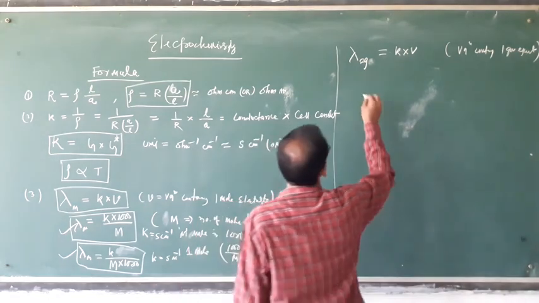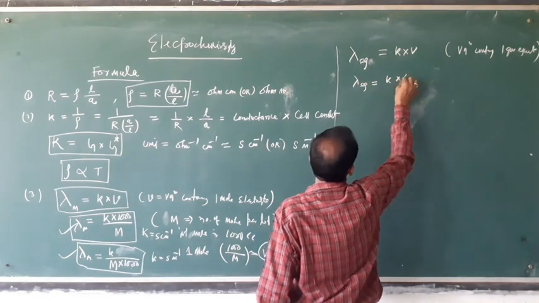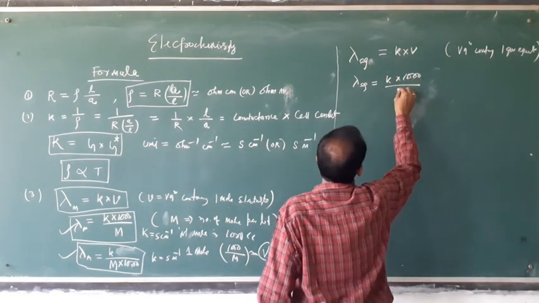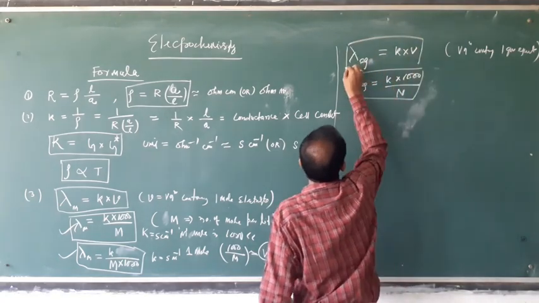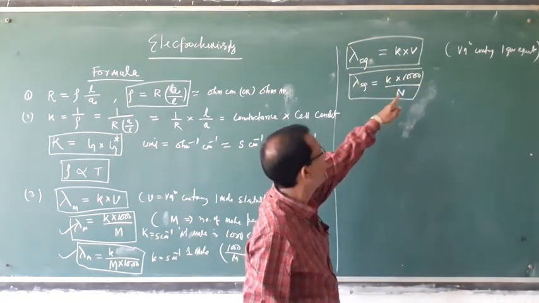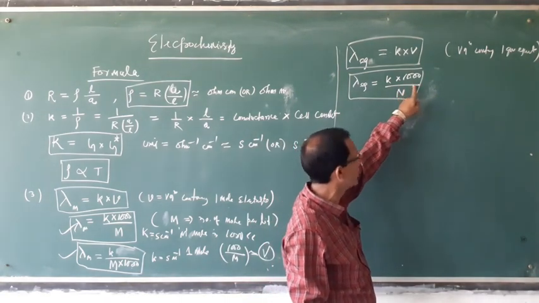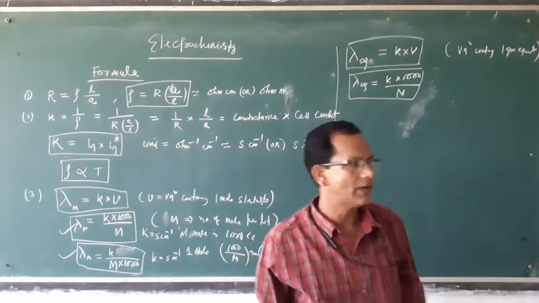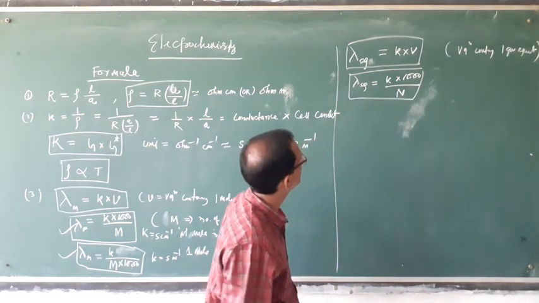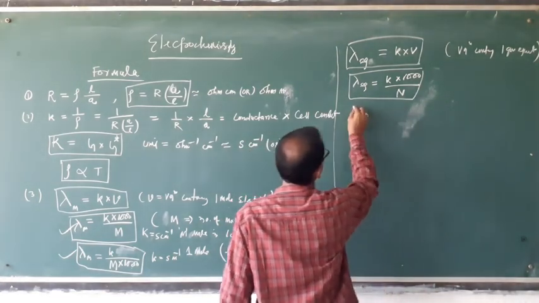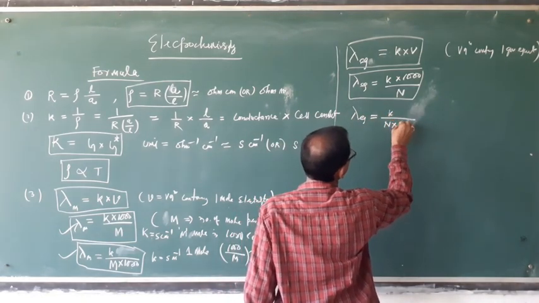So the same equation can be written as lambda equivalent is equal to kappa into 1000 by N. This 1000 upon N is the volume of solution containing 1 gram equivalent of electrolyte. The same can be written as kappa upon N into 1000.